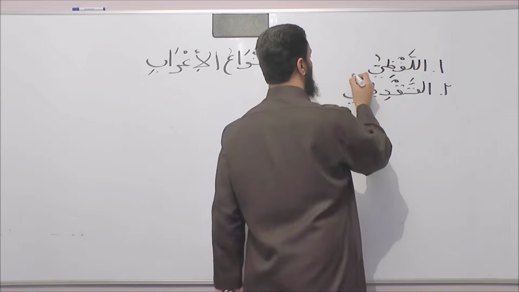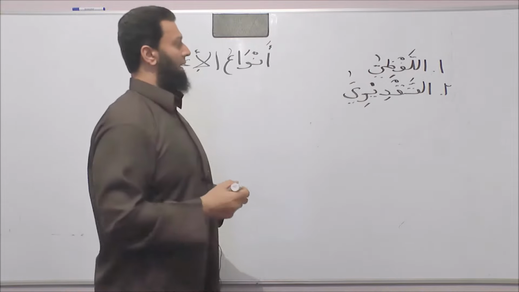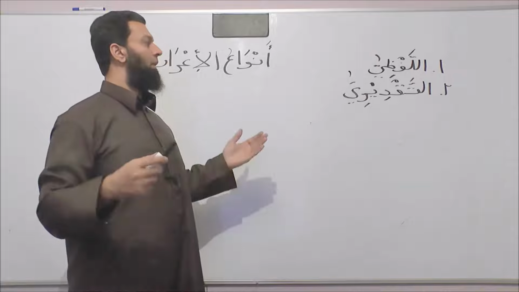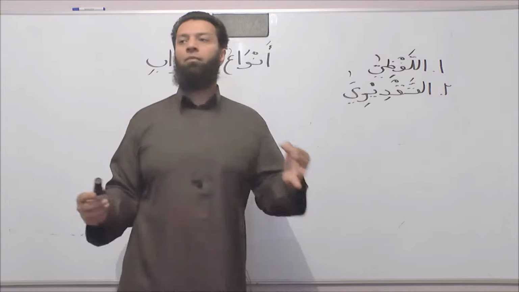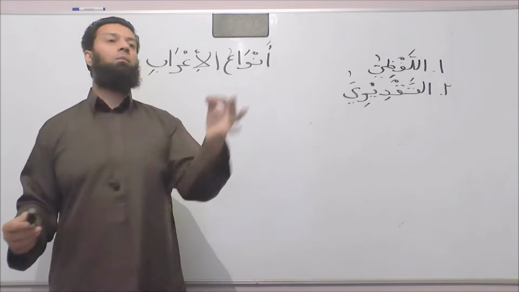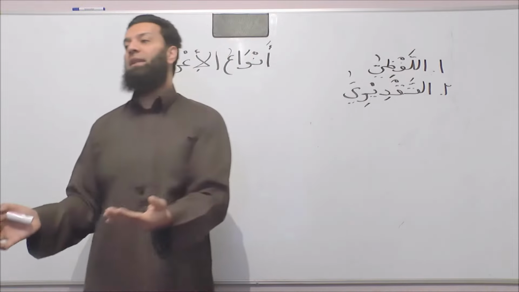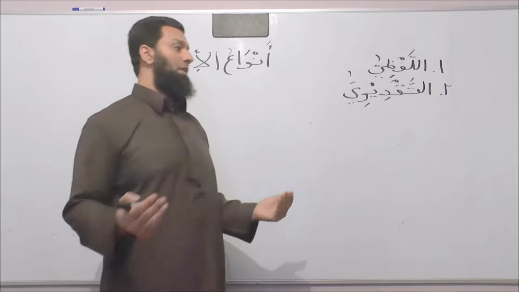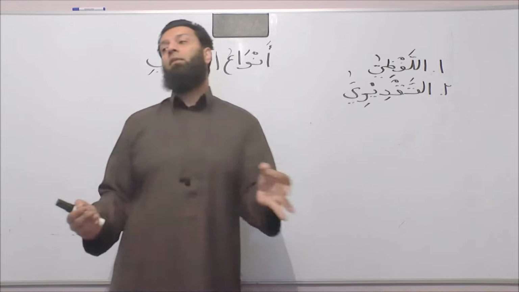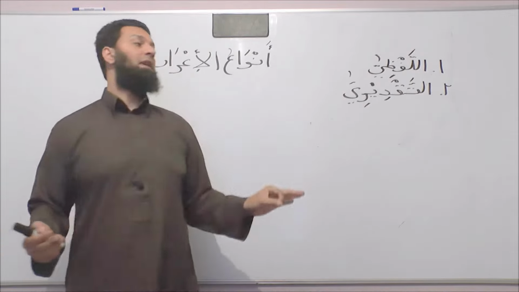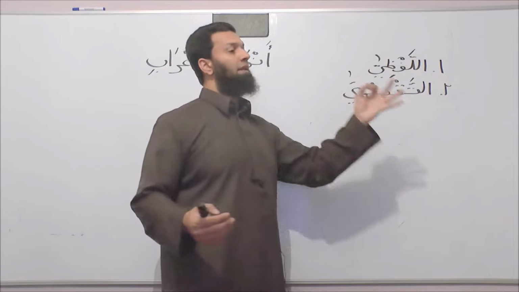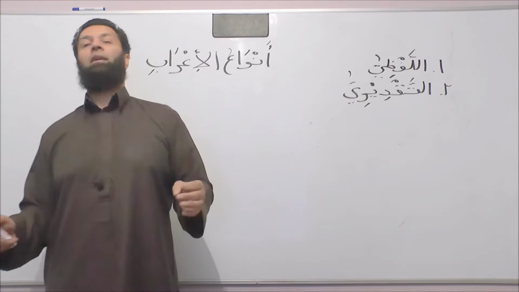التقديري. What that means is it's an assumed state of i'rab. Whereas lafzi is manifest and apparent upon the end of the word on the final letter, at-taqdiri is assumed to be there.